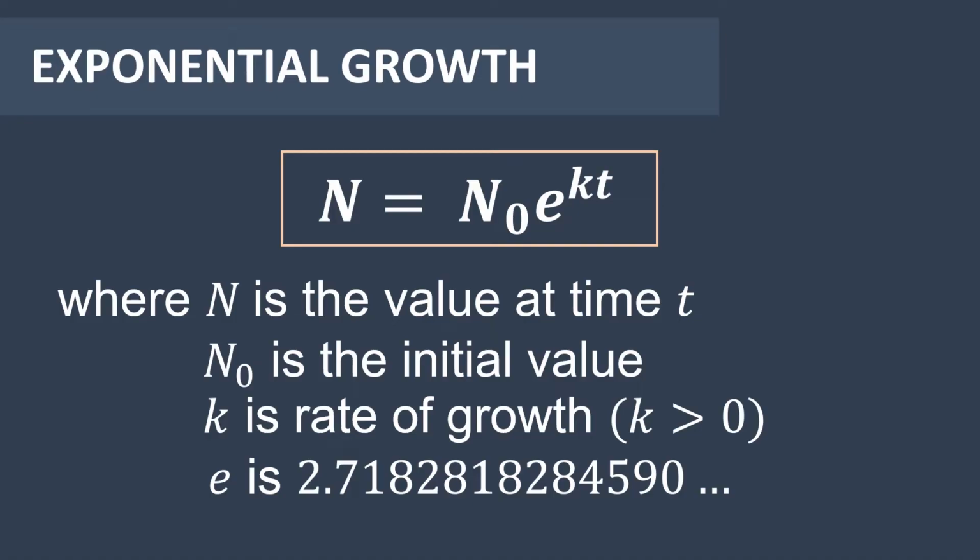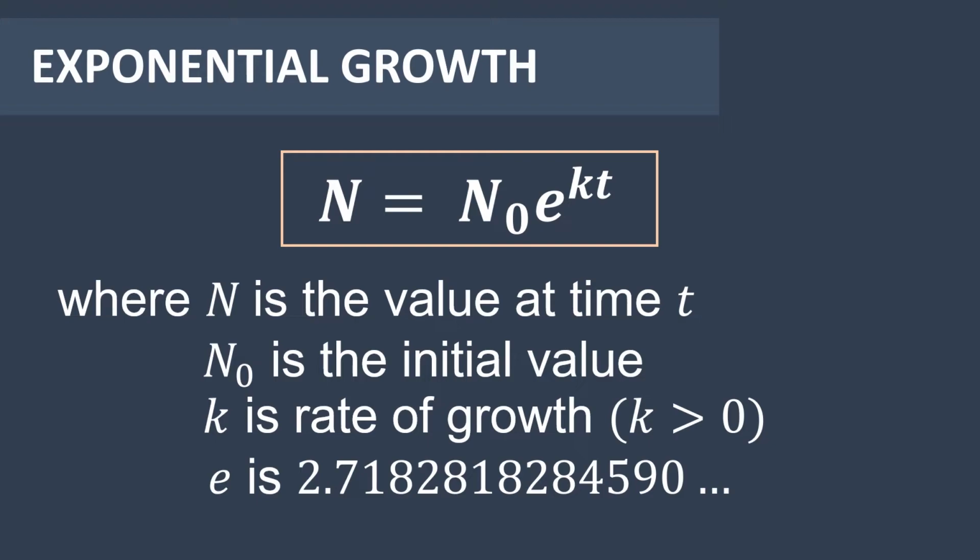So ito yung kukunin natin na value given yung particular na time. N sub 0 is our initial value. Ito yung starting value natin. K is the rate of growth in which K is greater than 0. So, greater than 0 yung K natin kasi we are talking about exponential growth. Pero later on, pagdating natin sa exponential decay, magbabago naman yung K or rate natin.